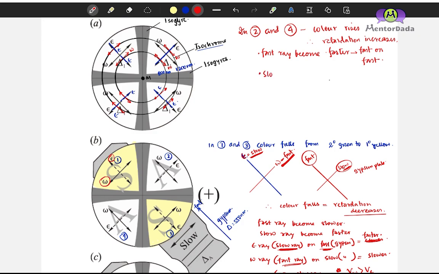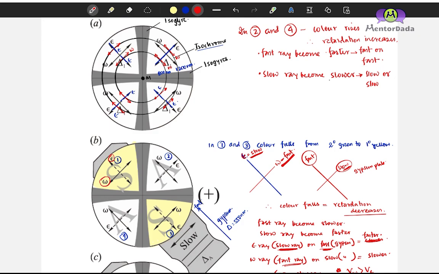Okay, and the slow ray becomes slower. This will also happen if the slow vibration direction of the mineral is superimposed on the slow vibration direction of the accessory plate.